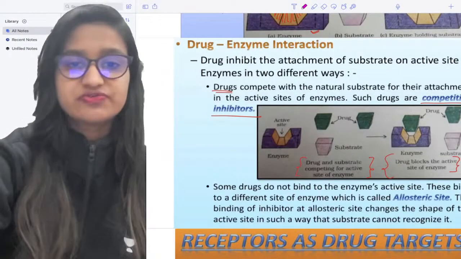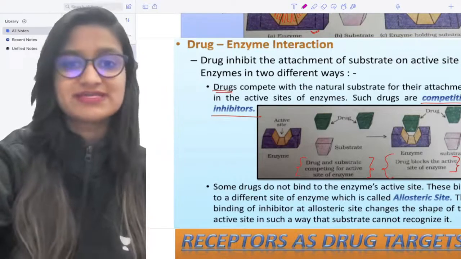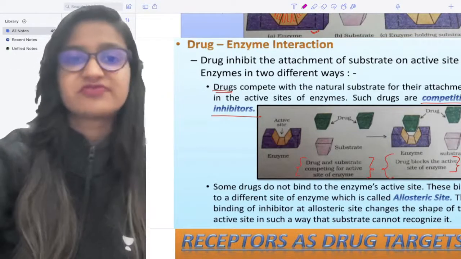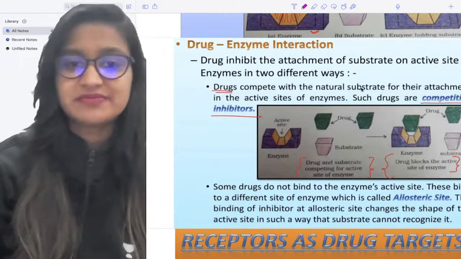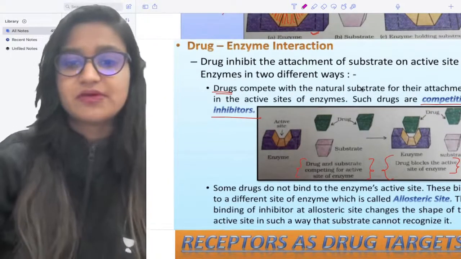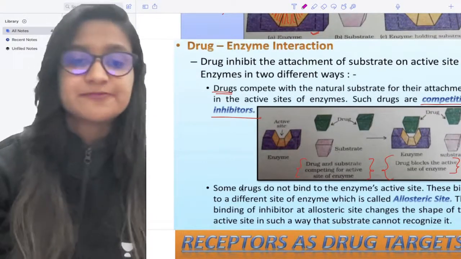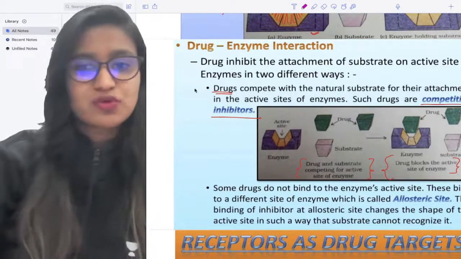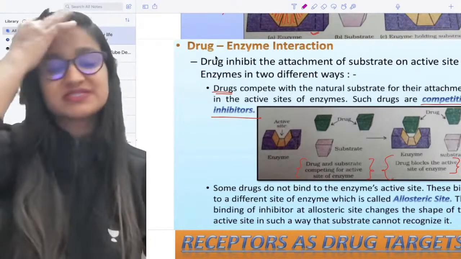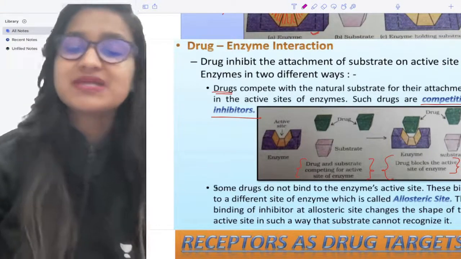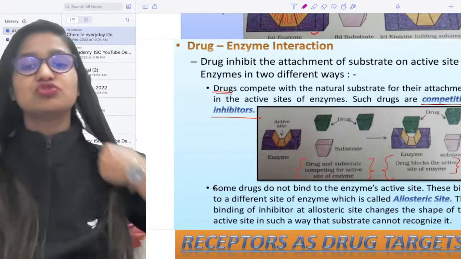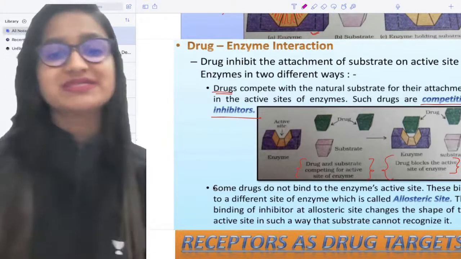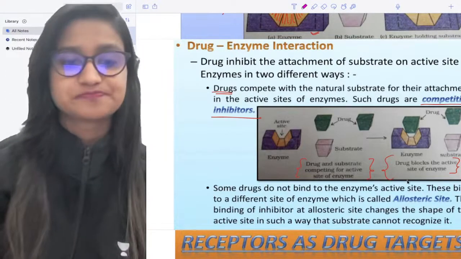ठीक है? So we have done drug enzyme interaction. What we have covered is drug enzyme interaction. Okay. Now the next thing is some drugs do not bind the enzymes active site. कुछ तो ऐसे competitive inhibitors की तरह काम करती हैं, but some drugs they do not bind the enzymes active site.